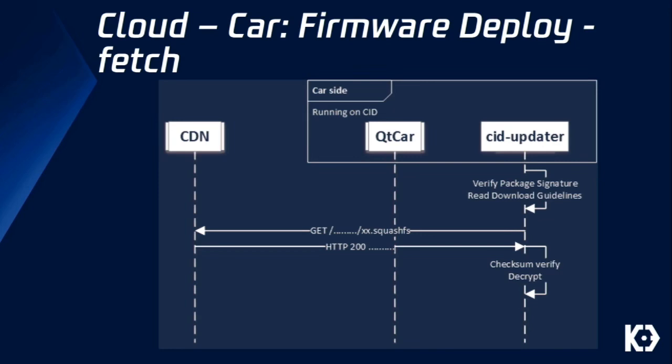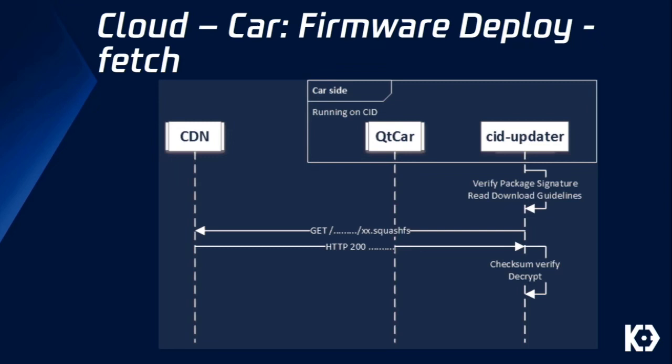And CID updater will download the firmware bundle from the CDN. And once downloaded, it will check its checksum and decrypt it if possible. After decrypt, of course, if any error occurred, it will just break.